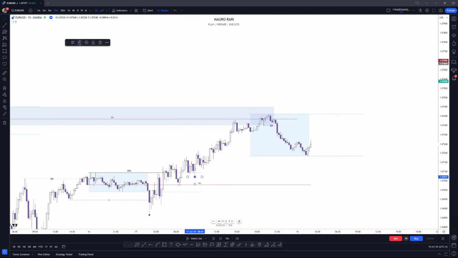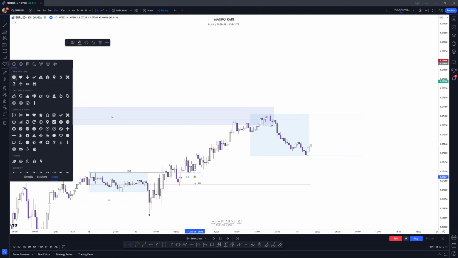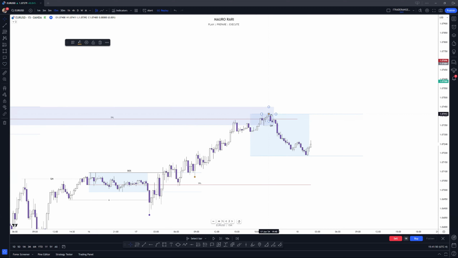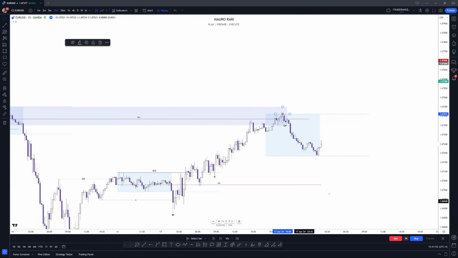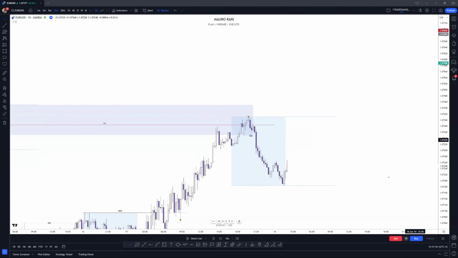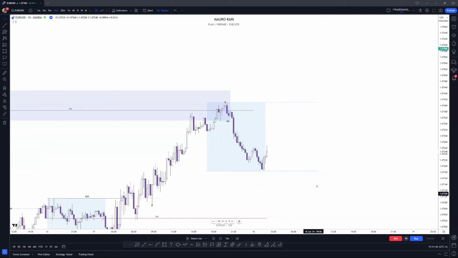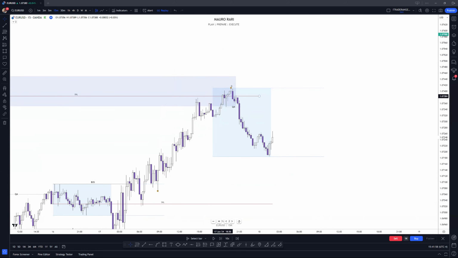We're gonna assign the 15 minutes range in yellow. And that's it, okay? So at this point, what we can see is that we have liquidity, internal liquidity, okay?